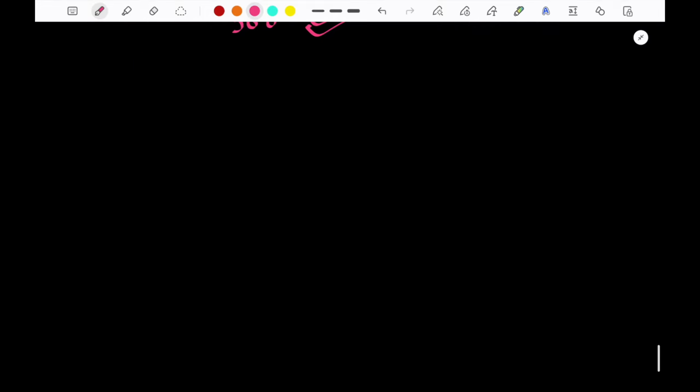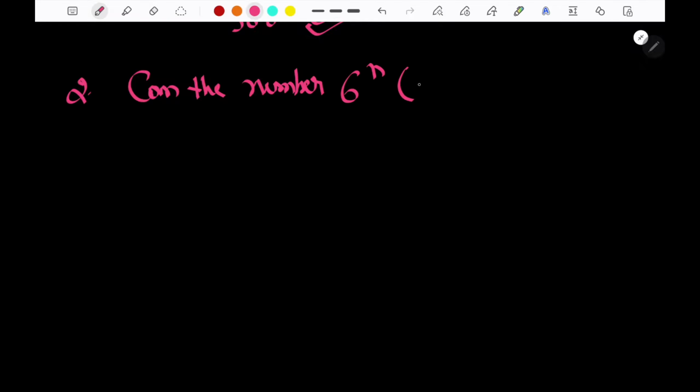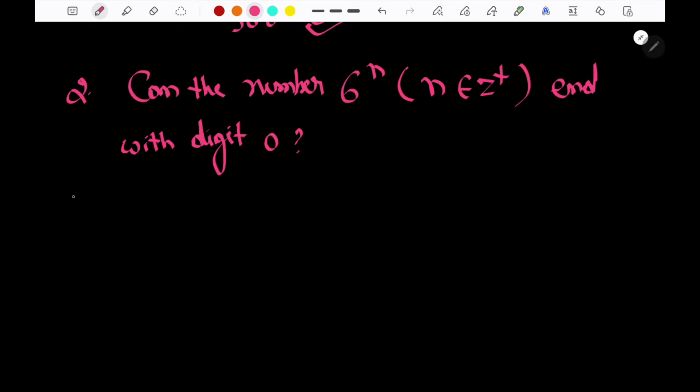Again, sometimes in other applications, the question is asked, for example, and this is a common question in CBSE also: can the number 6 to the power n, where n belongs to Z plus, end with digit 0, true or false? Can it be done?